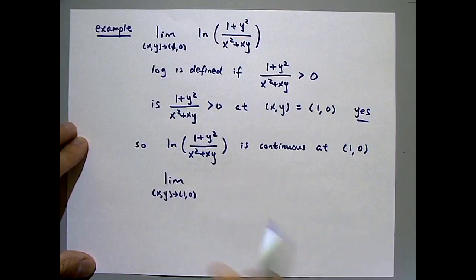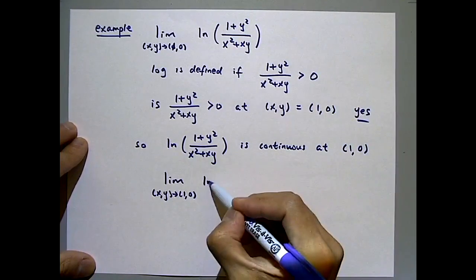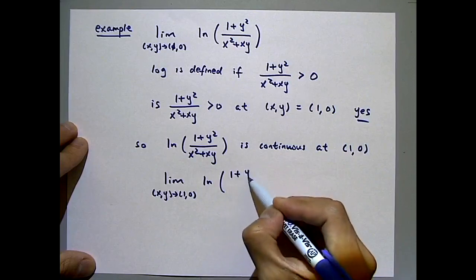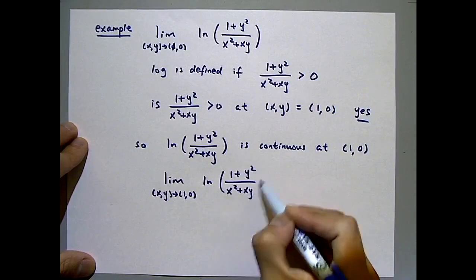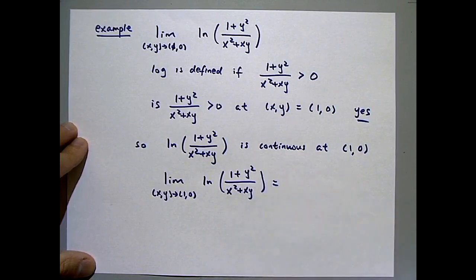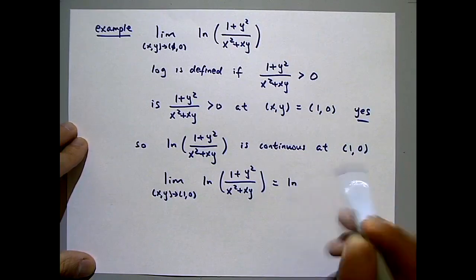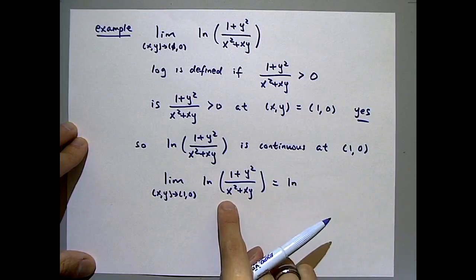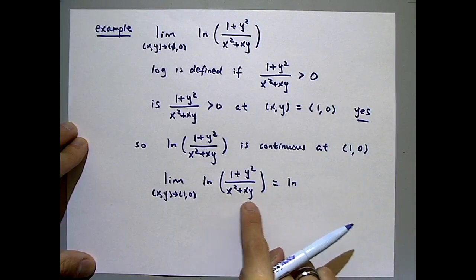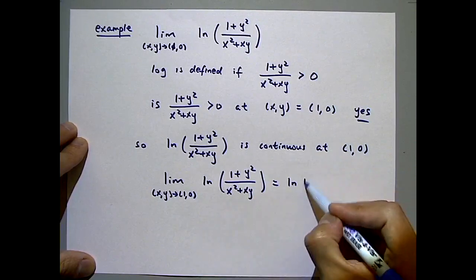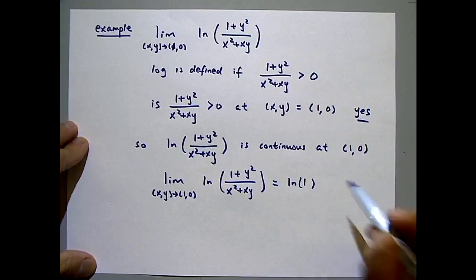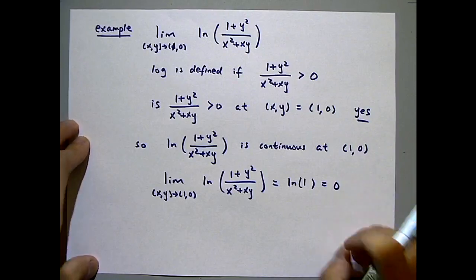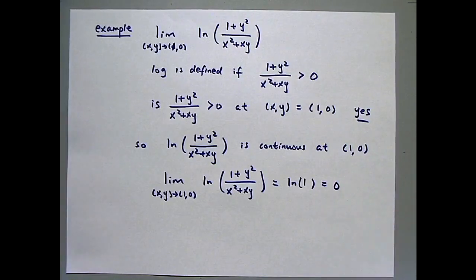And therefore, the limit is equal to whatever that function is at 1, 0. And it turns out to be natural log of 1, right? Which is, what's natural log of 1? 0, good. So the limit is 0.